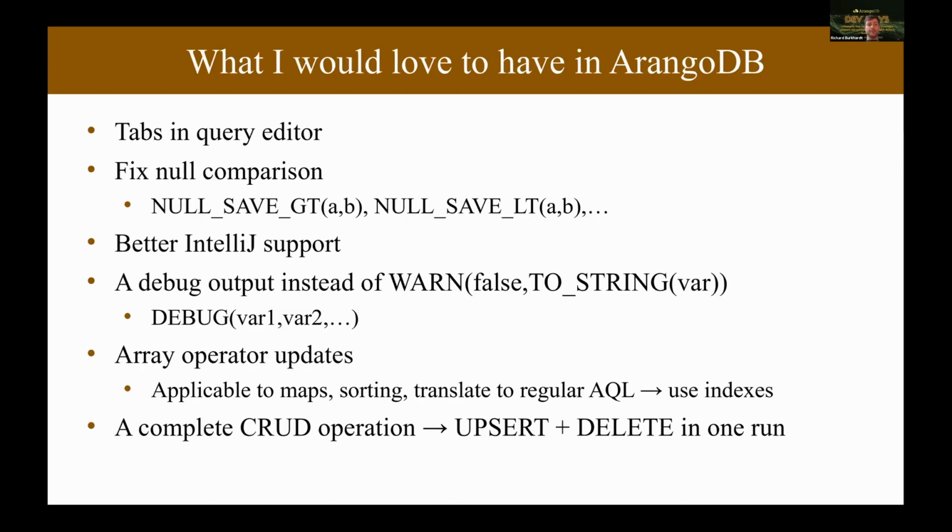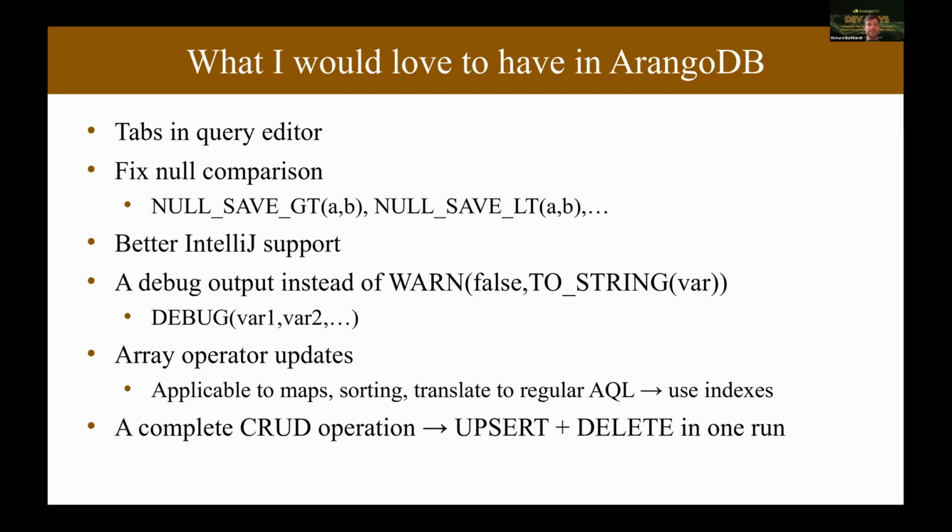And what I would love to see in ArangoDB in future versions is tabs in the query editor. That would be cool to have, like multiple queries run in parallel. I would also love to see something like a null-safe greater than and a null-safe less than.